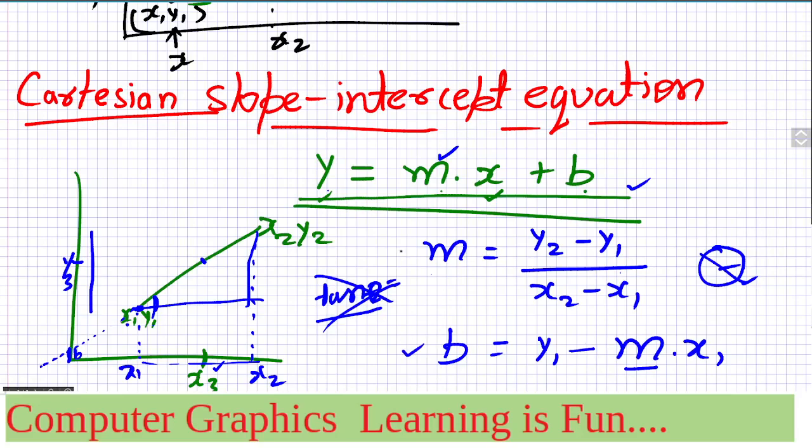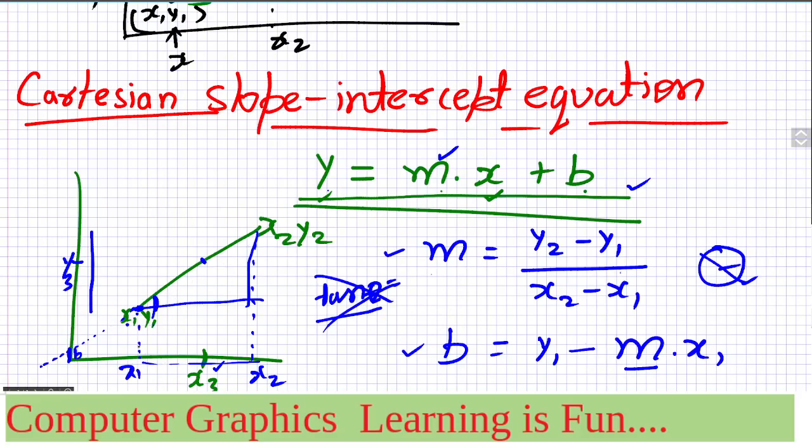So now we have the value of m as well as the value of b, having known the two endpoints x1, y1 and x2, y2. Now for drawing a line, what we actually need are the points in between these two endpoints.